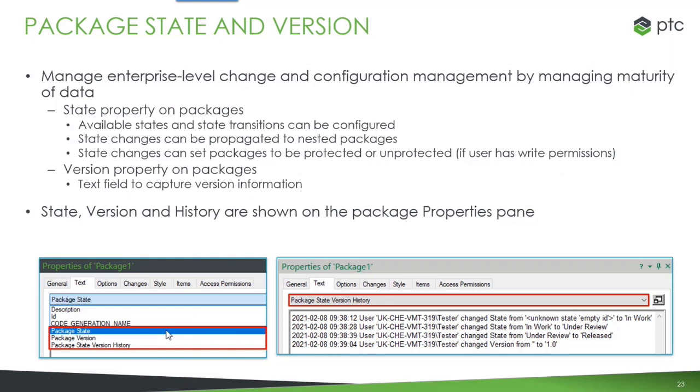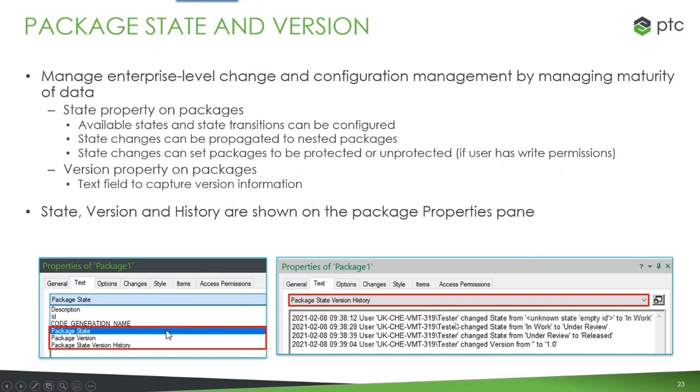If customers want to use versioning, it's a simple text field. So it's not the same versioning capability that we have at model level. It's really just a text label, so it's quite simple at this point. We may enhance it in the future to provide more sophisticated version management at package level. But at the moment, it's a simple text version that you can input.